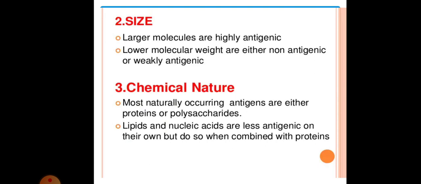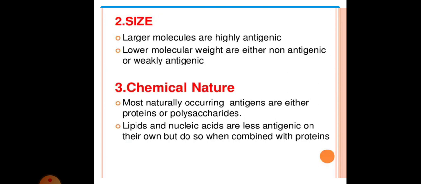Most naturally occurring antigens are either proteins or polysaccharides. So that particular substance must be a protein or polysaccharide. Lipids and nucleic acids are less antigenic on their own, but become antigenic when combined with proteins.